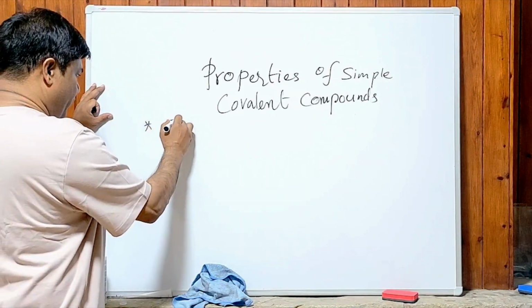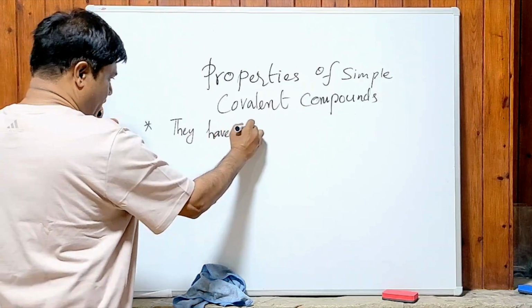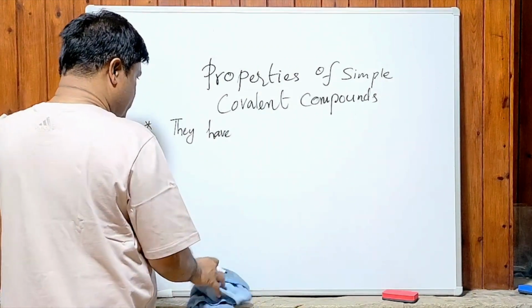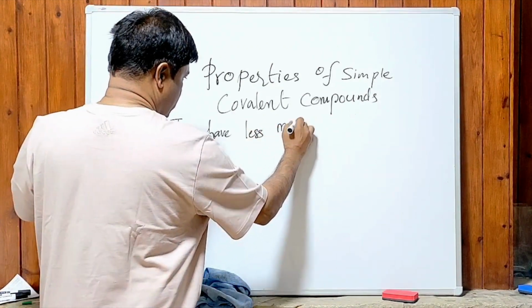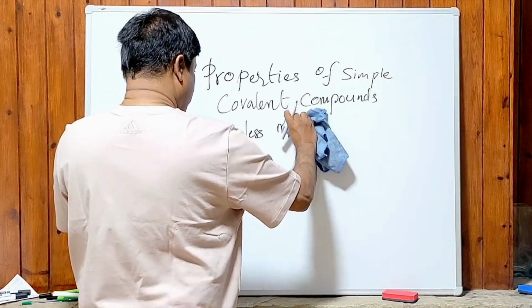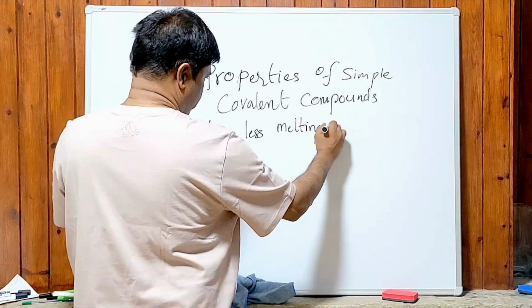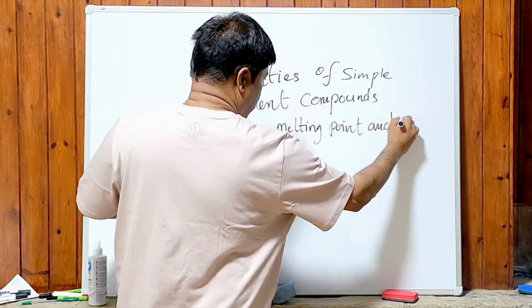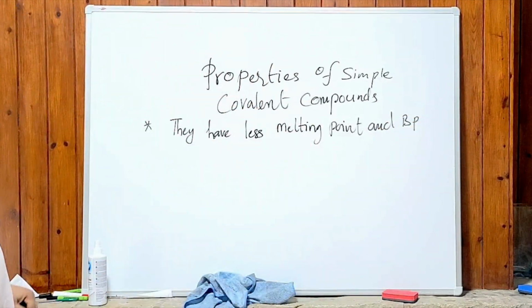Important property: they have a lower melting point and boiling point. Can I write simply BP? That's boiling point.